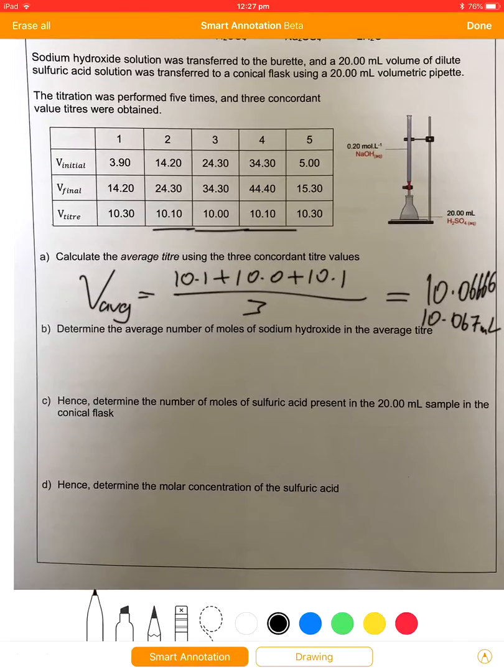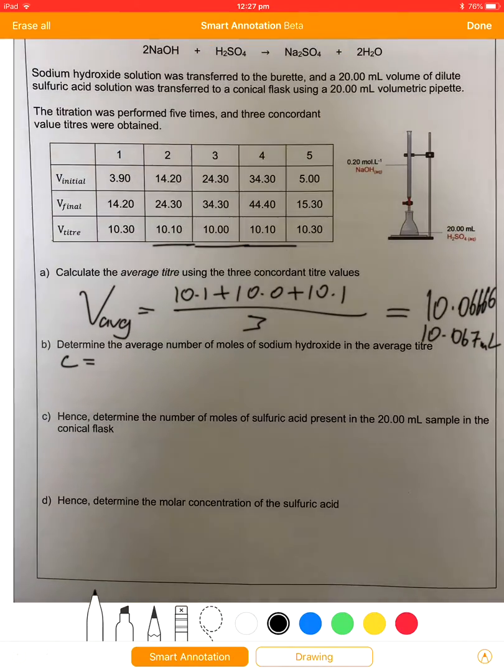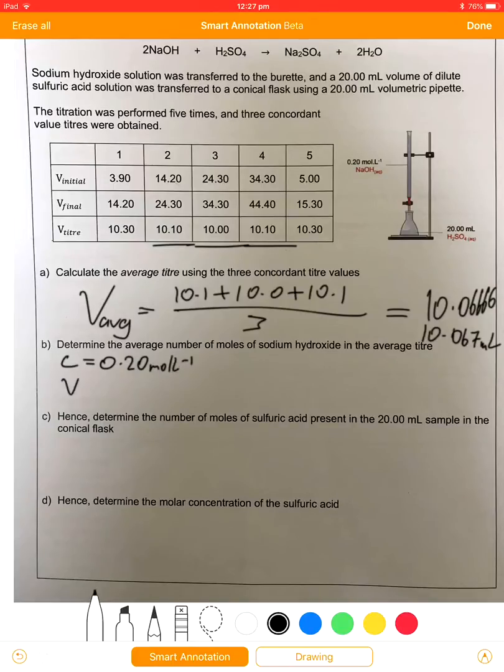Alrighty, determine the average number of moles of sodium hydroxide in the average titre. So we know that our concentration from up here was 0.2 moles per litre. Our volume is our average titre, which we convert to litres, which will be 0.010066666, etc. We're going to use that full value from the calculator to make sure our results are accurate.